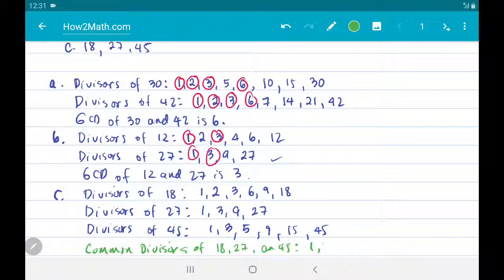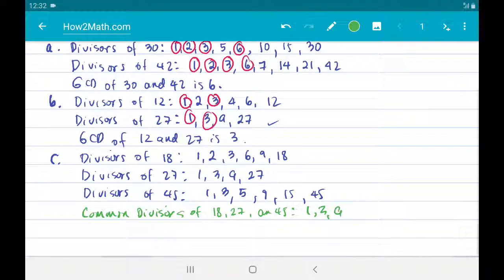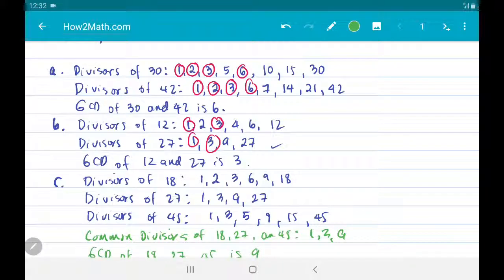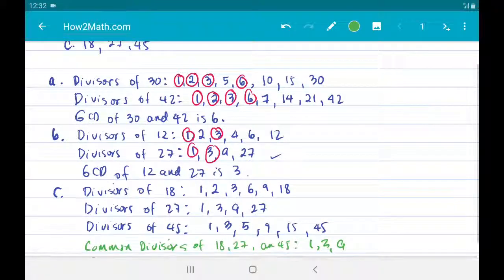We have 1, we have 3, and we have 9. So the greatest among the common divisors, or the largest among the common divisors, is the GCD. Therefore, the GCD of 18, 27, and 45 is 9.